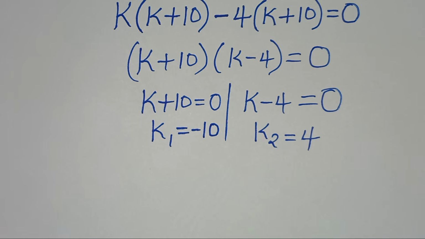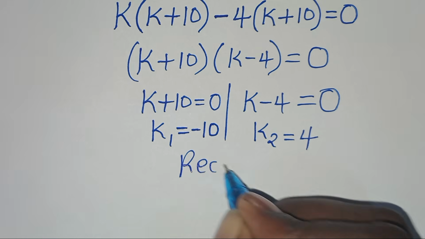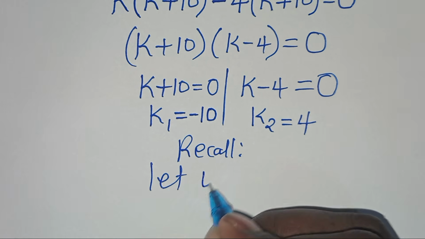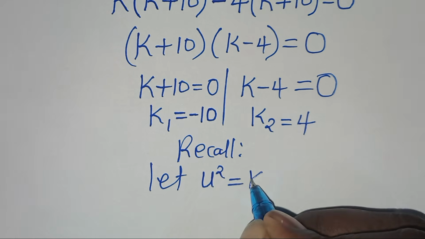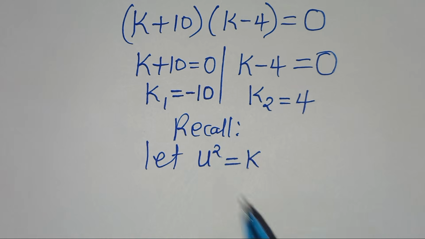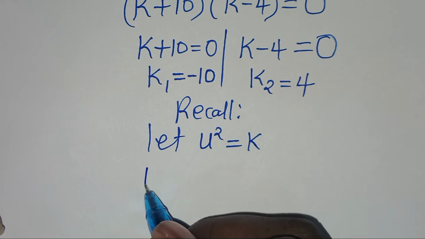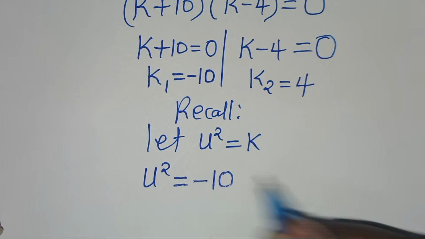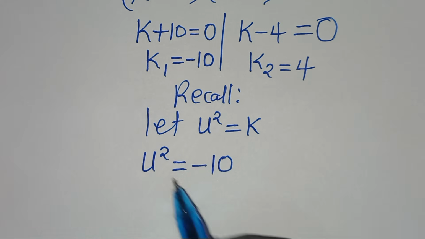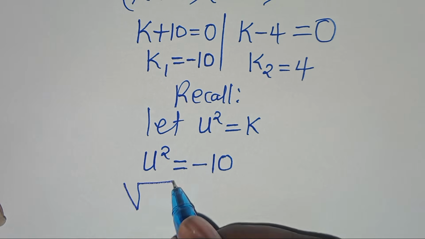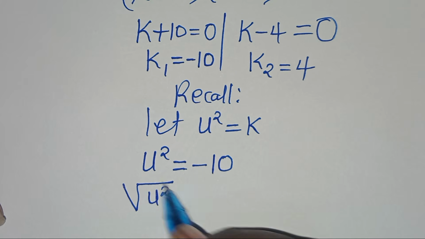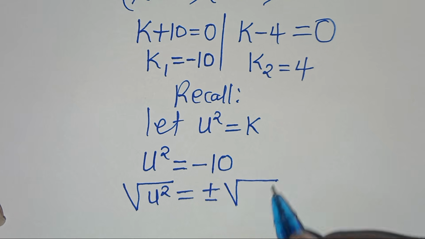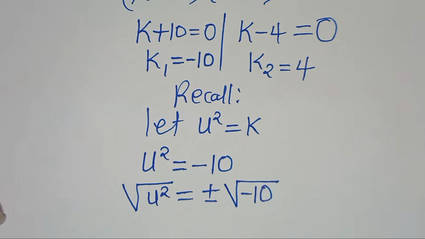Now, the next step is that if you recall, we assumed that we let u to the power of 2 be equal to k. So let's start with k1. We have u squared equal to negative 10. So for the value of u, let's introduce a square root on both sides. The square root of u squared is equal to plus or minus the square root of negative 10.